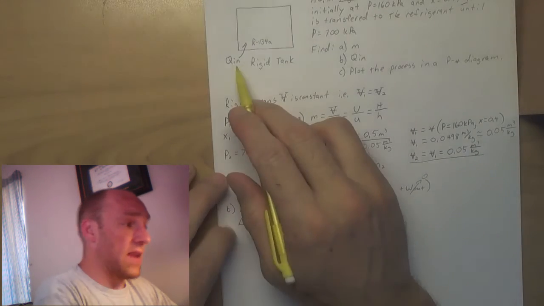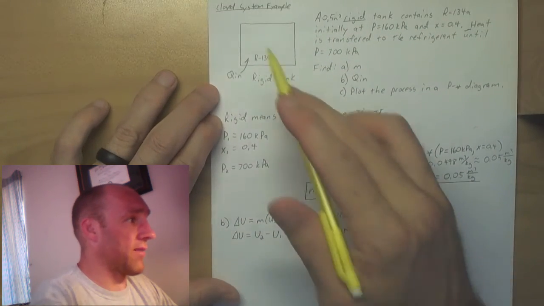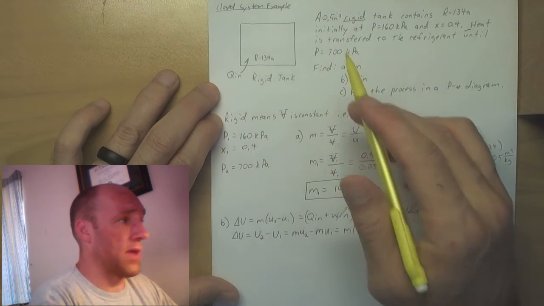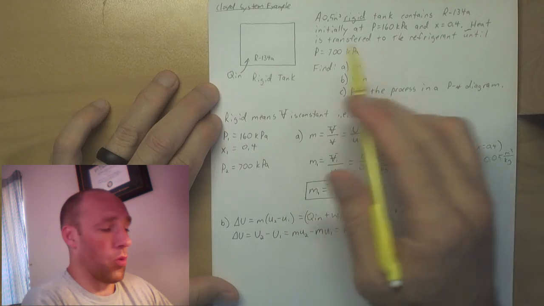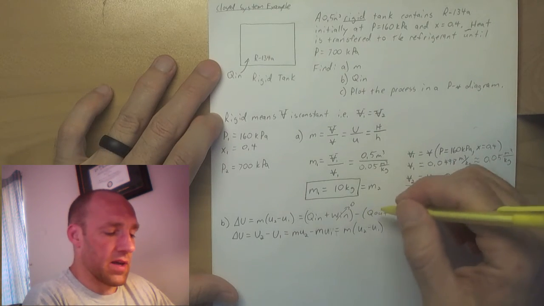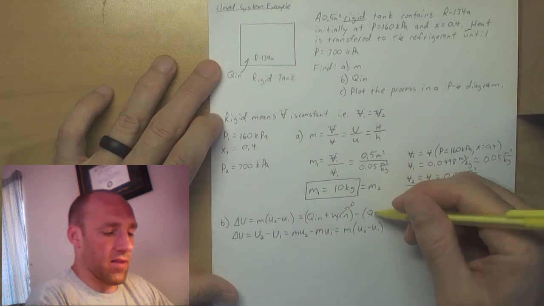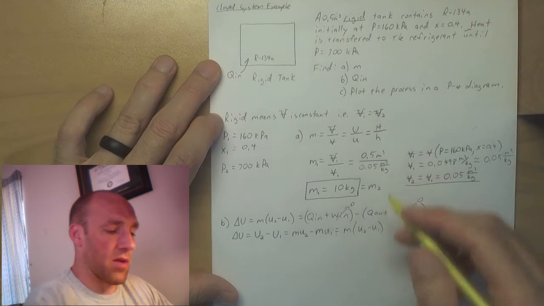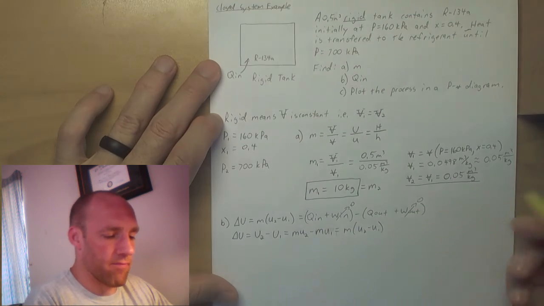And heat is being added to the system, and we haven't been given any information about it being pulled from the system. Now, in real life, it's hard to say that there'd be no heat escaping, so you could take this as being the net or something to that effect.